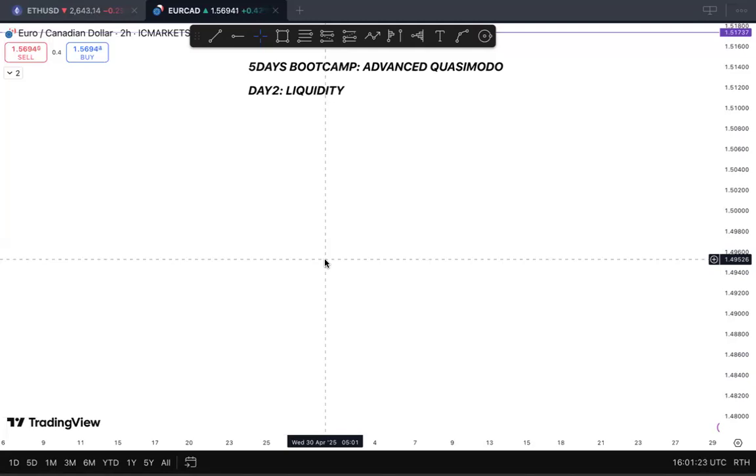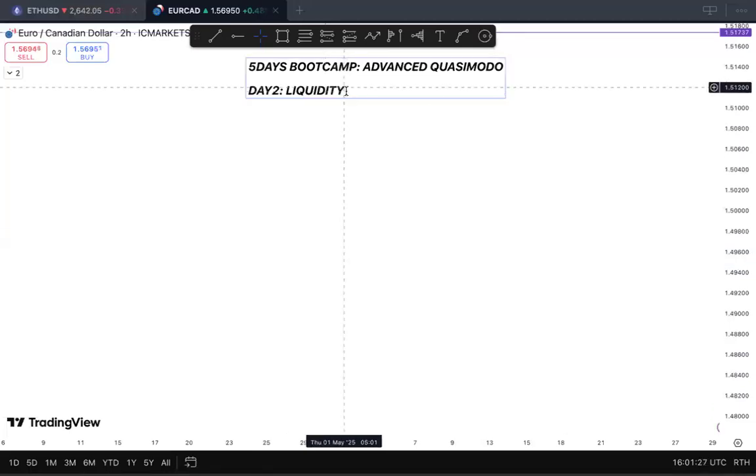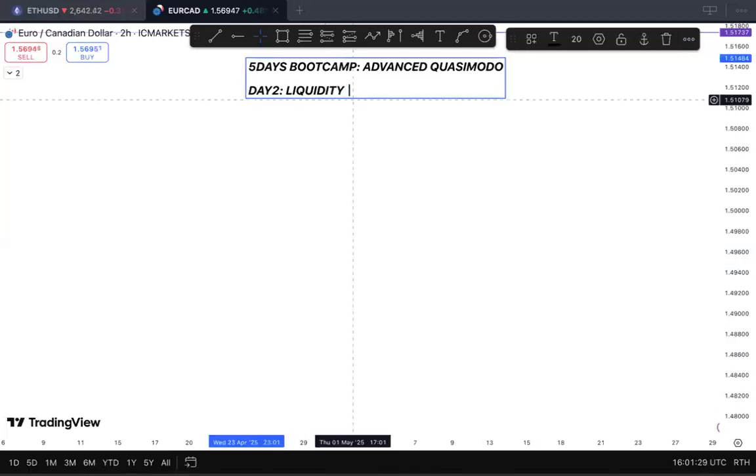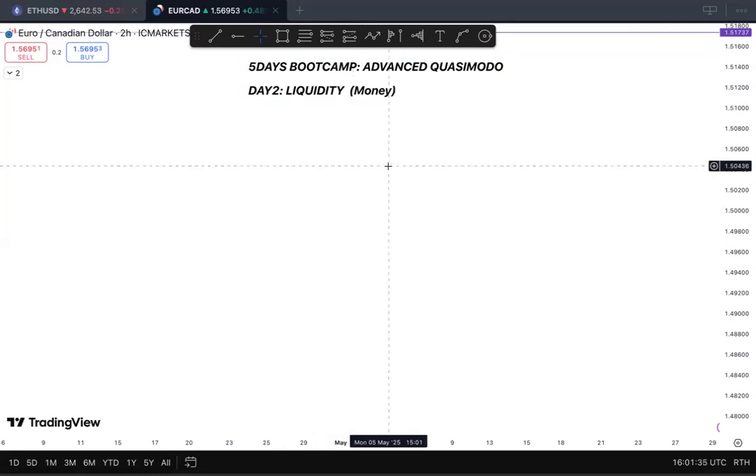So first, what is liquidity? Liquidity is money. Take note of that. I made an explanation yesterday that you need money to buy whatsoever you want.